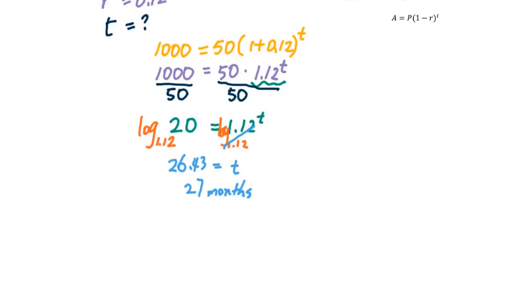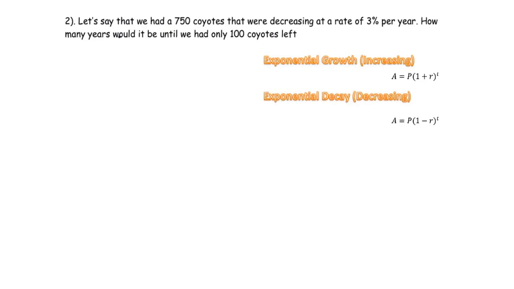This question is a round-up question. Let's say that we had 750 coyotes that were decreasing at a rate of 3% per year. How many years would it be until we had only 100 coyotes left?